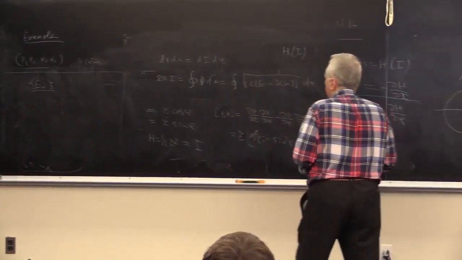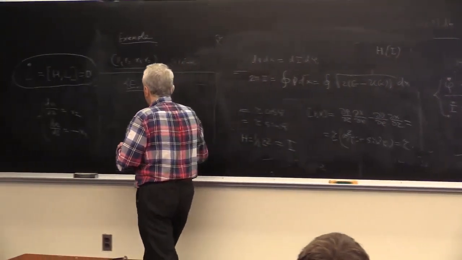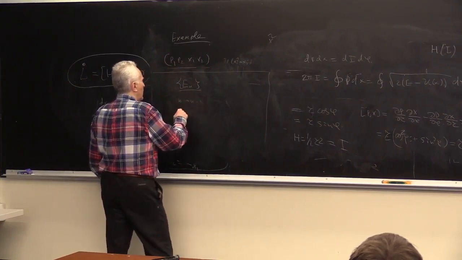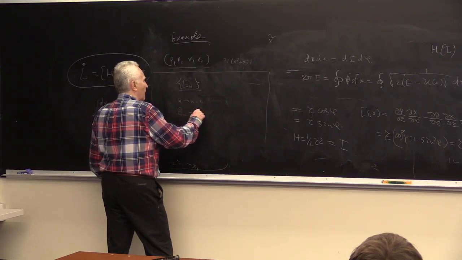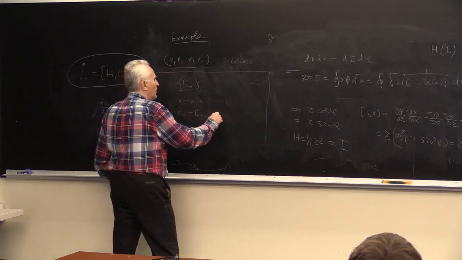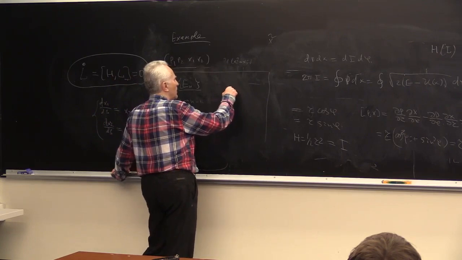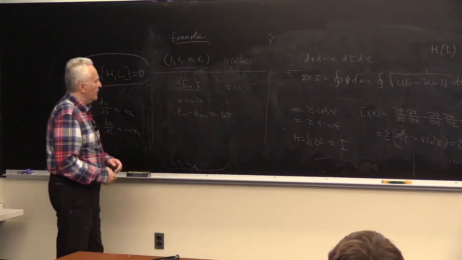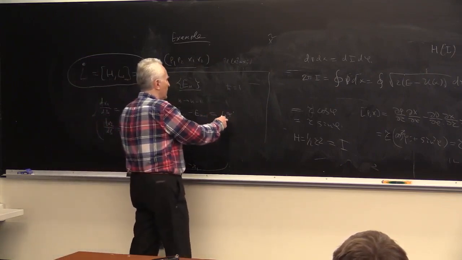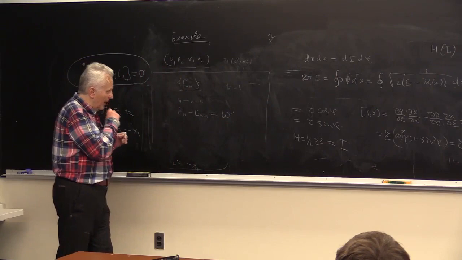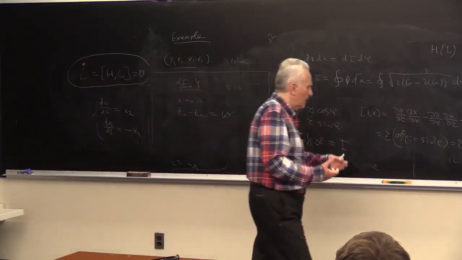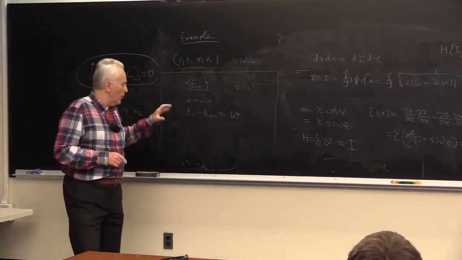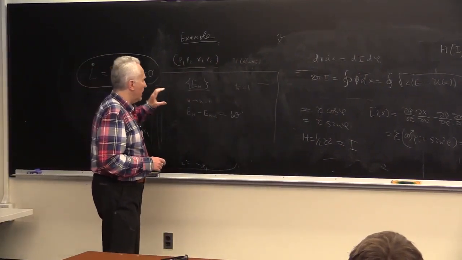And then if you go from the state n to the state n minus 1, you emit light. And the frequency of light, in the units when Planck constant is 1, is simply the frequency of emitted light. And that's the postulate which turns out to be exact.